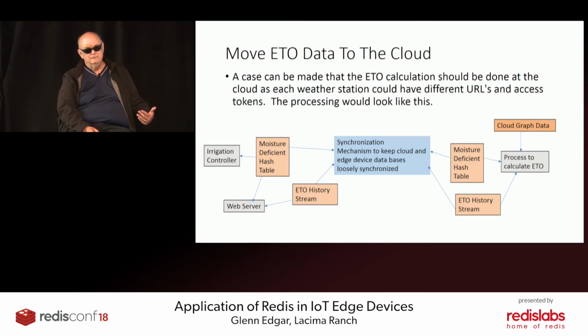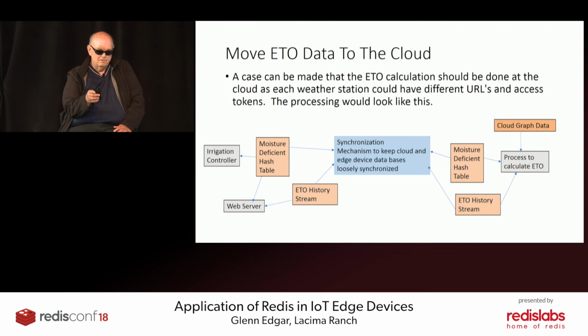If I move it to the cloud, the graph database is there. The graph is going to be on the cloud as well as the edge device. There's no problem there. The problem I have is basically the web server and irrigation controller do not have access to the data.